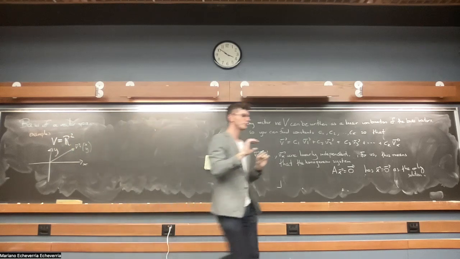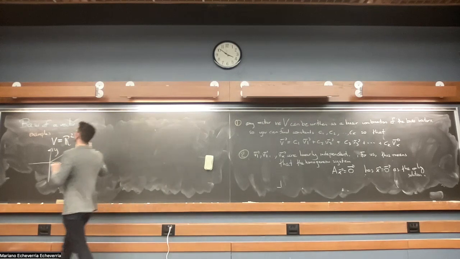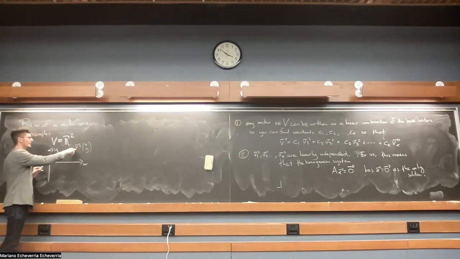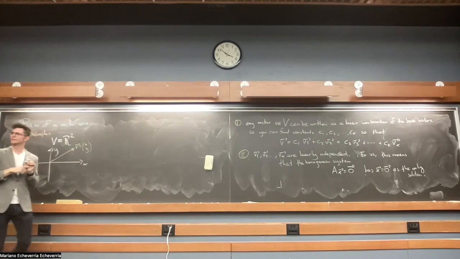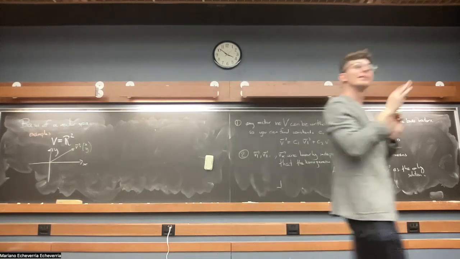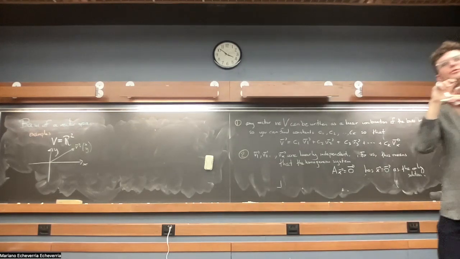So my claim is that I can express this vector in terms of just two vectors, in the sense that I can write this vector as a sum of these two vectors.